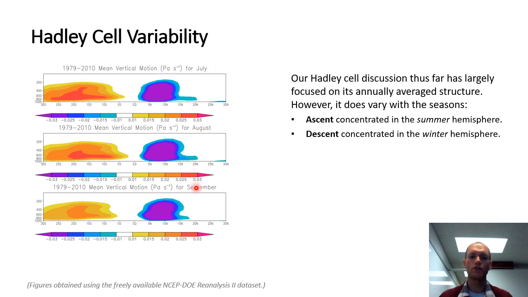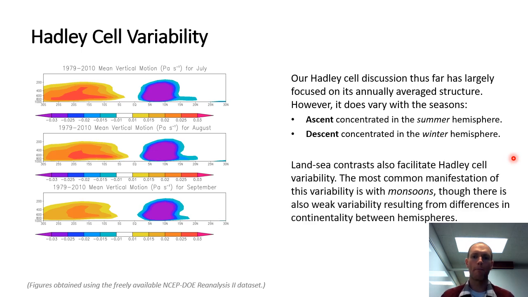July, August, and then toward fall in September, ascent is maximized in the northern hemisphere between the equator and about 15 degrees north latitude. Descent is maximized in the southern hemisphere between 5 south and 30 south through these months as well. So the leading mode of variability with the Hadley cell is that associated with the seasons.